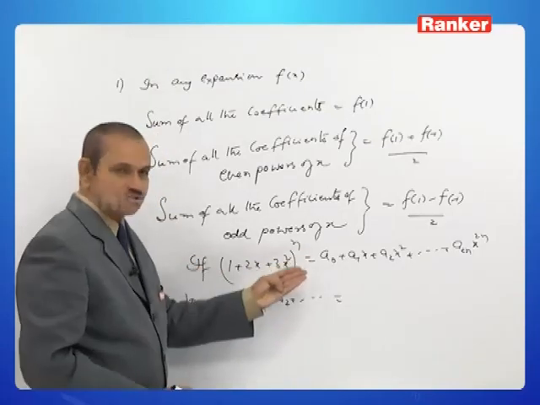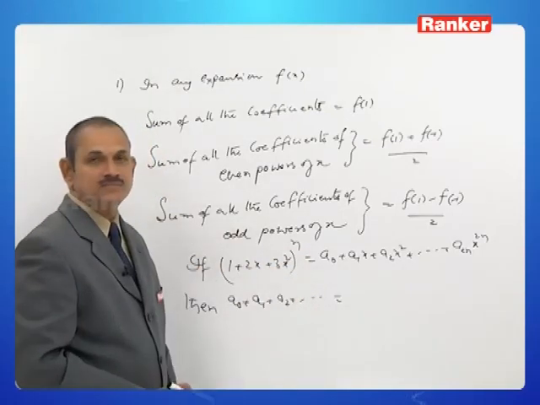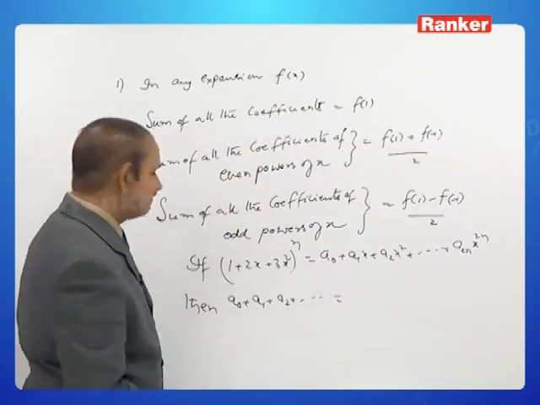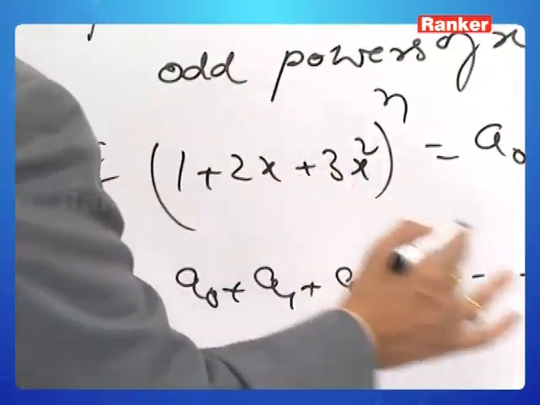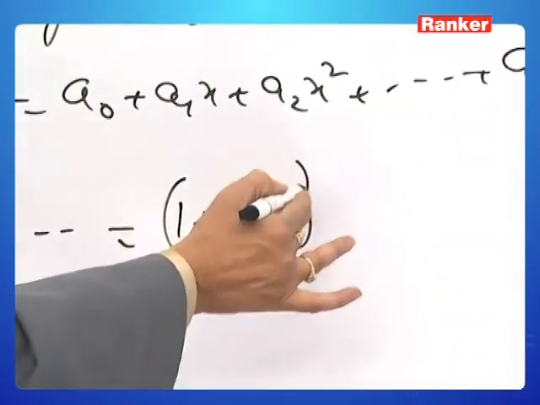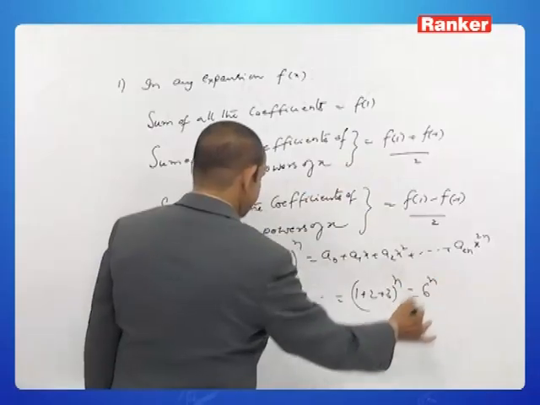You consider this to be some f of x as per our habit. Sum of all the coefficients is f of 1. 1 plus 2 plus 3 is 6. 1 plus 2 plus 3 whole to the power of n is equal to 6 to the power of n.